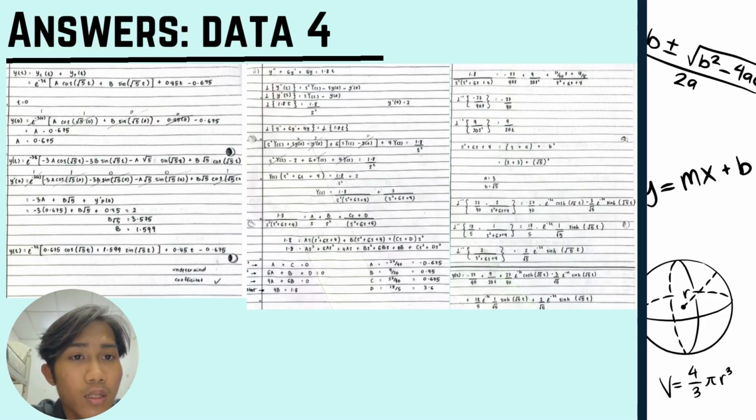We got the partial fraction equation, and after we conclude, we got a is equal to negative 0.675, b is equal to 0.545, c is equal to 0.675, and d is equal to 3.6. We do the inverse Laplace, and we got the value like this. So after that, we inverse all the Laplace that we did just now, and we got the equation like this.